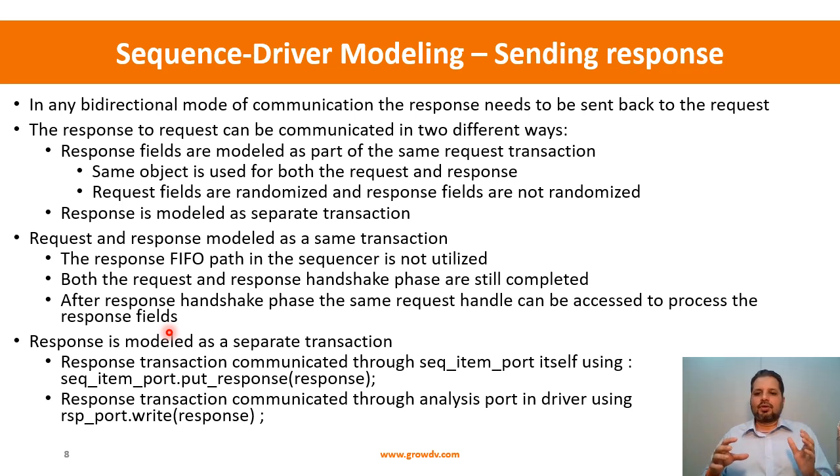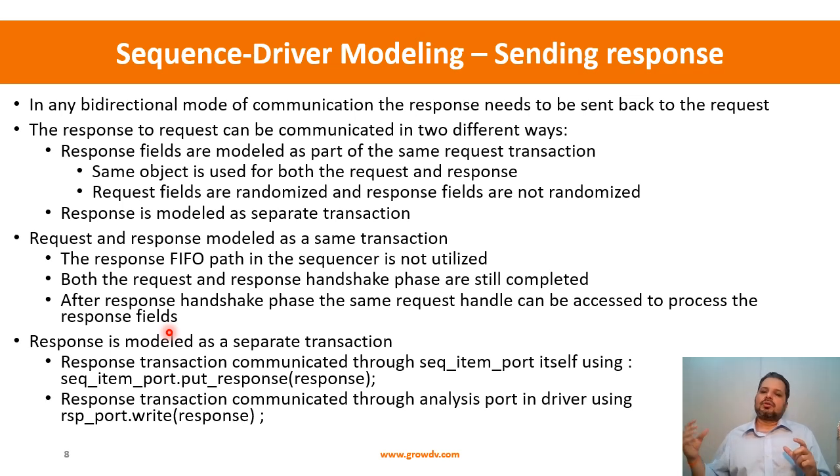Through the first level of handshake, we have passed the request from the sequence to the driver. Now the driver drives it, and while it is driving, although the sequence still has access to this request handle and can access the response fields, the response fields are not valid.